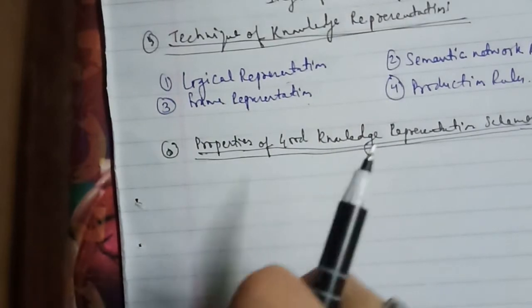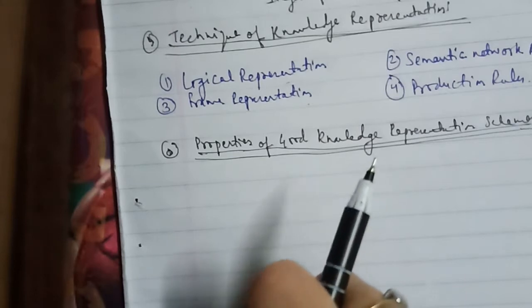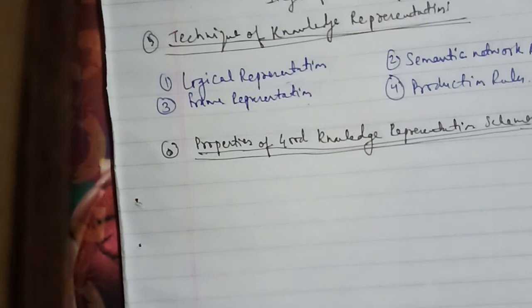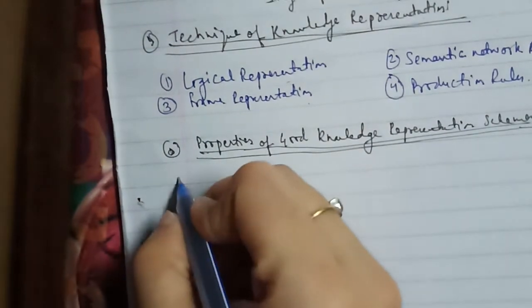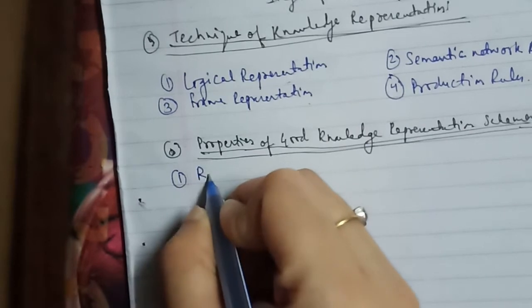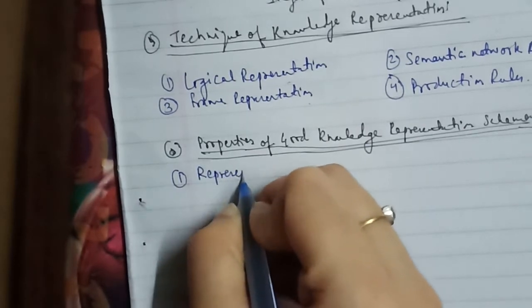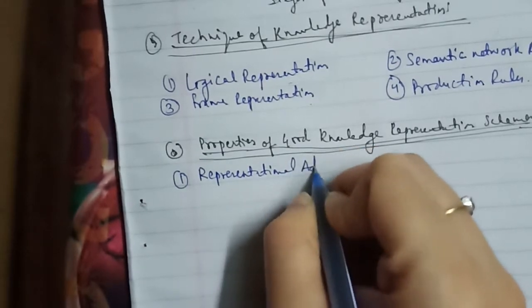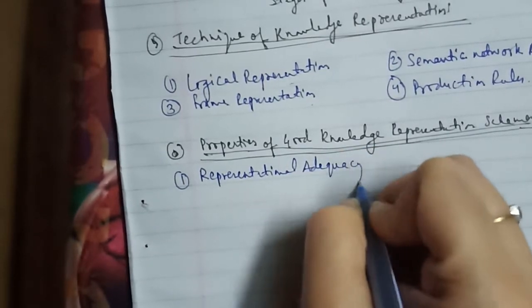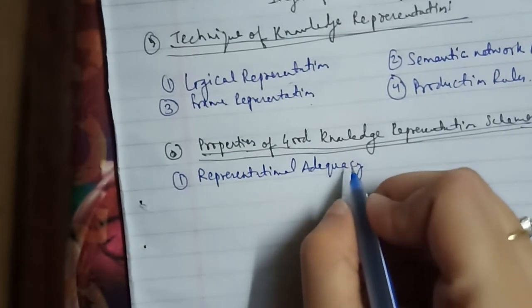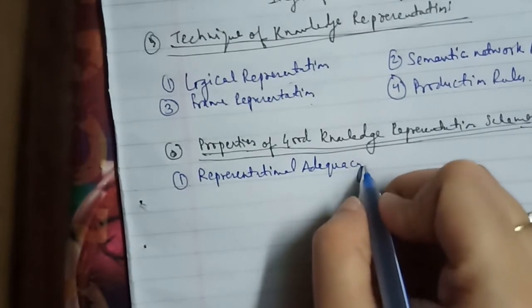A good system for the representation of knowledge in a particular domain should possess the following four properties. The first property we have is your representational adequacy. In representational adequacy, the ability to represent all the kinds of knowledge that are needed in that domain.